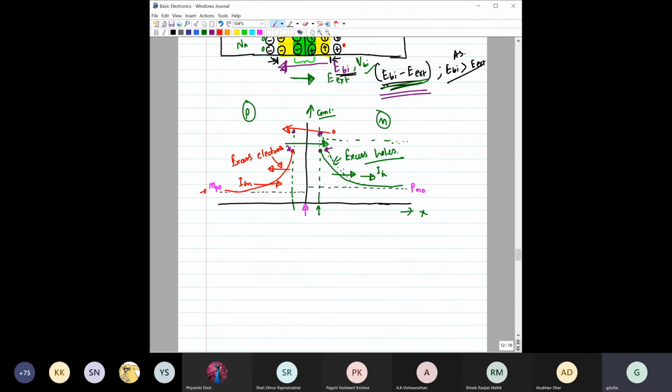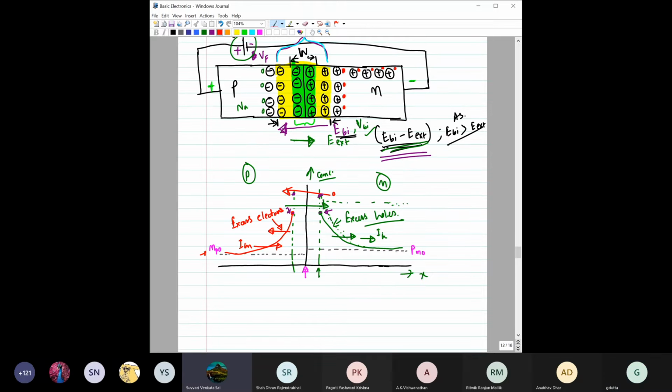Excuse me, sir. Sir, the excess holes or excess electrons concentration should be same on the edges. It is actually good. That is a good question, but actually it might be same. It can be also different. This concentration depends, as I mentioned, on this VF.